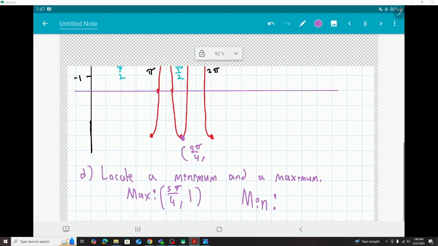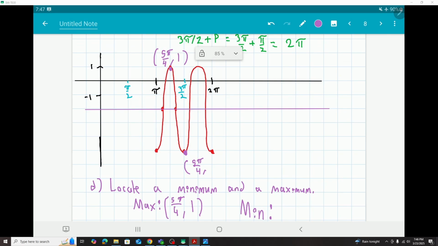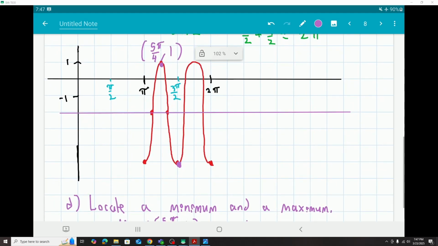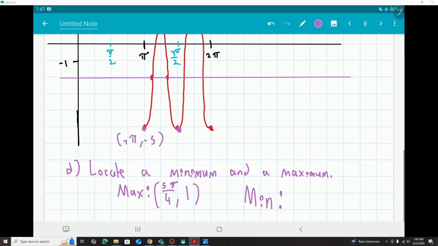This is why we always go back and check. Because now we go to this minimum. That was one of the minus 5. So actually, let's just use our starting point: pi, comma, minus 5.